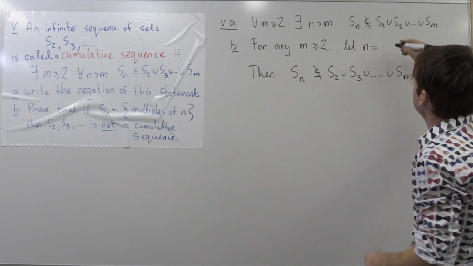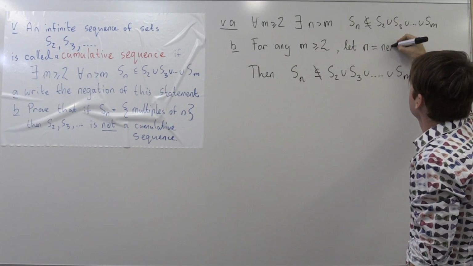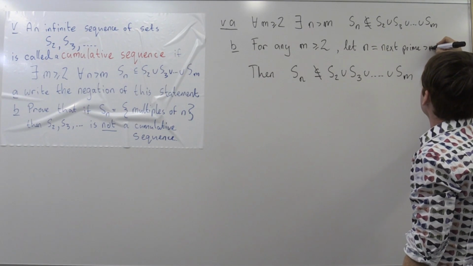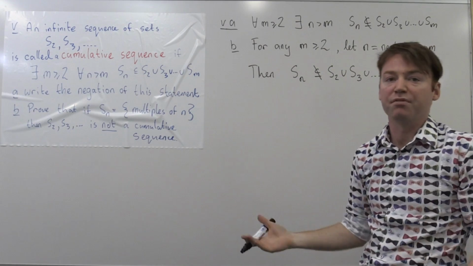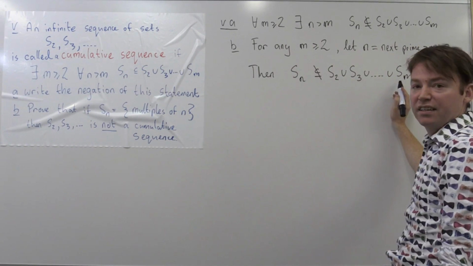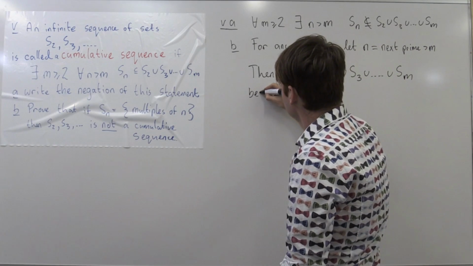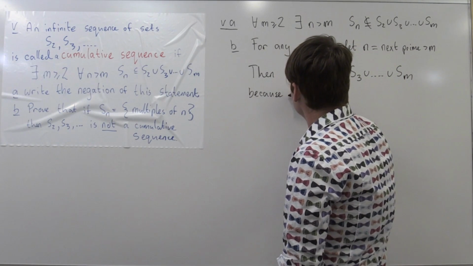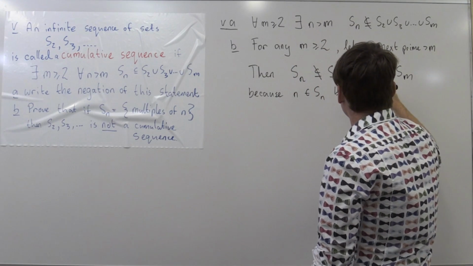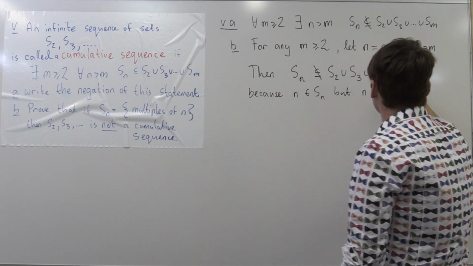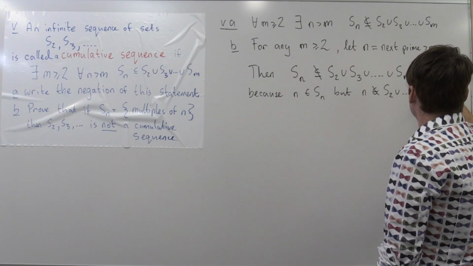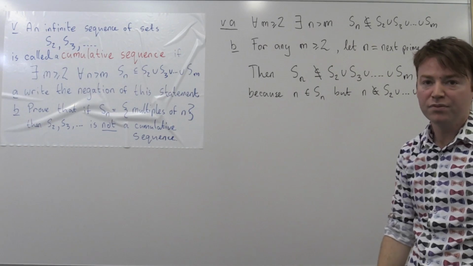So if I let n be the next prime bigger than m, so I just select whatever prime comes next after m, then n is an element of Sn, but n is not an element of S2 union up to Sm.